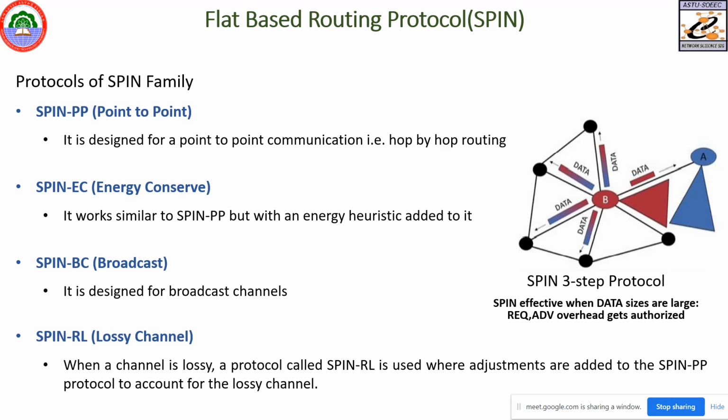And when we want to save the energy, then the SPIN-EC version is used. When we are broadcasting without checking the identity of the node, without checking the location of the node, then SPIN-BC is useful. And when we have a lossy channel, where there is a possibility of loss, then we may have SPIN-RL. So there are different other protocols proposed by various researchers, which belong to this particular class of SPIN protocols.